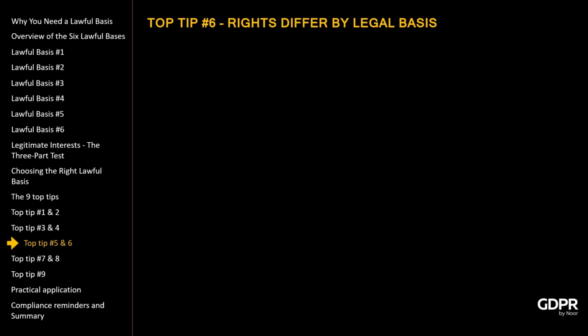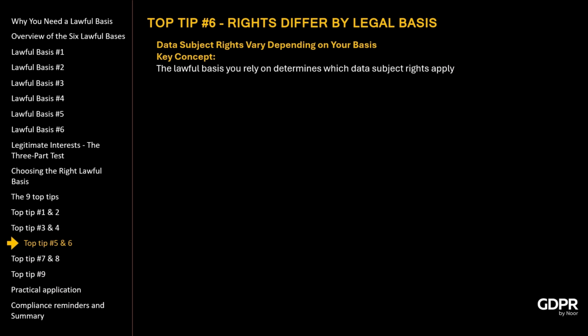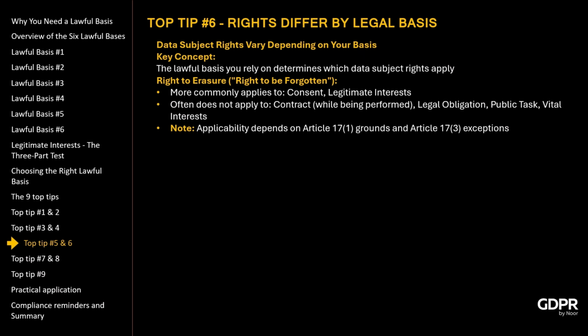Tip number 6 is about data subject rights, and this is critical. The lawful basis you choose determines which rights individuals have, and not all rights apply to all bases. For example, the right to erasure applies to consent and legitimate interest, but it does not apply when you are relying on legal obligation or public task, because the law may require you to keep the data.